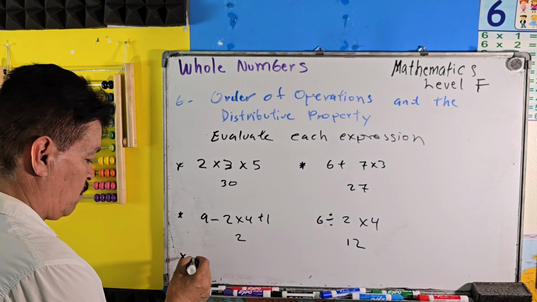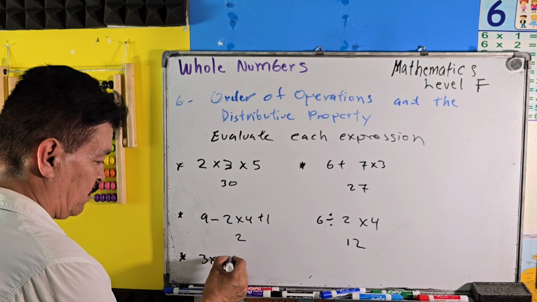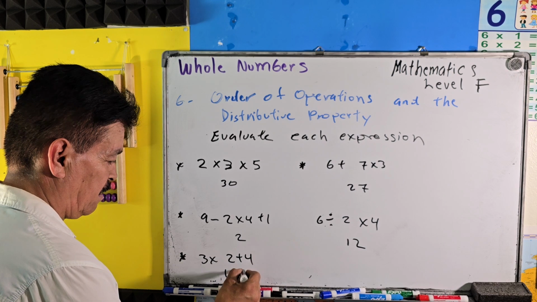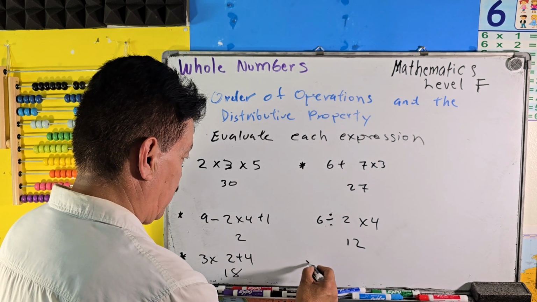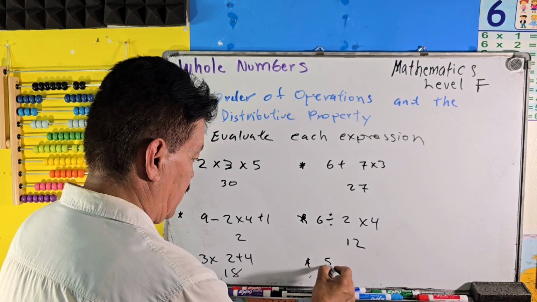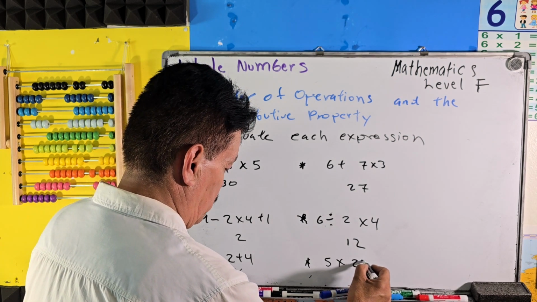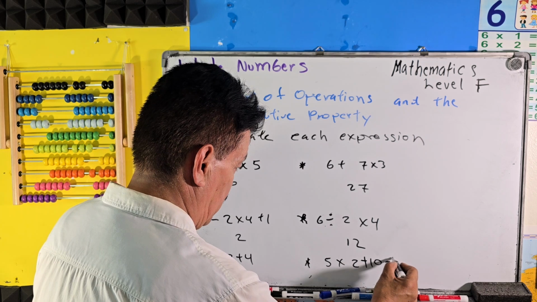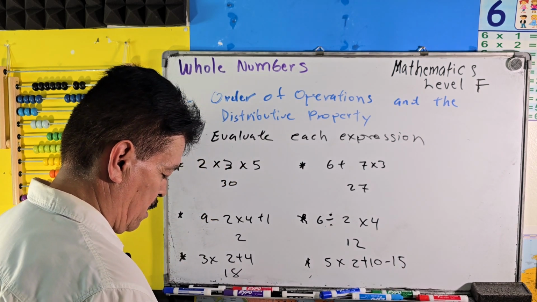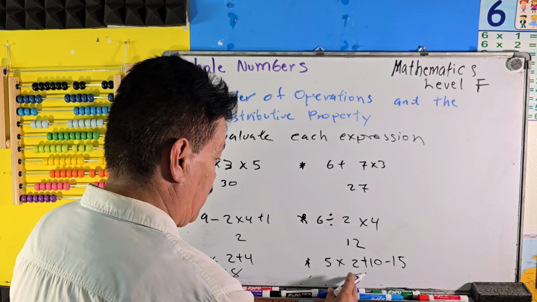And then next one we have 3 times 2 plus 4 equals 18. Then this is one problem here: 5 times 2 plus 10 minus 15, here we have 11.